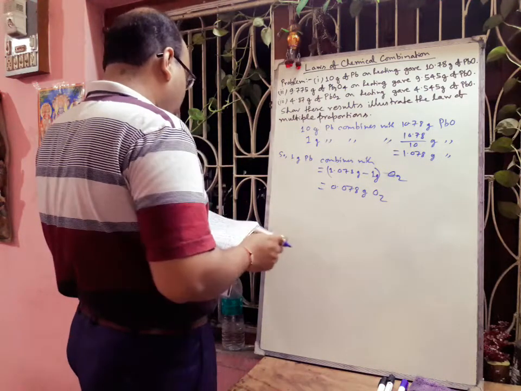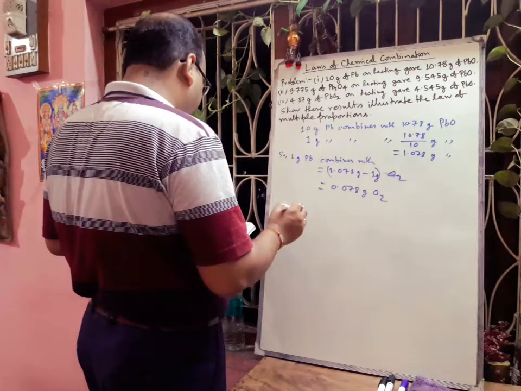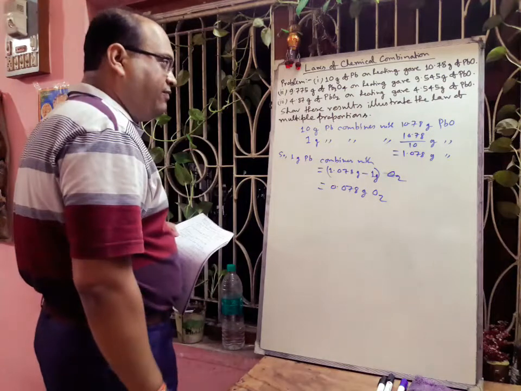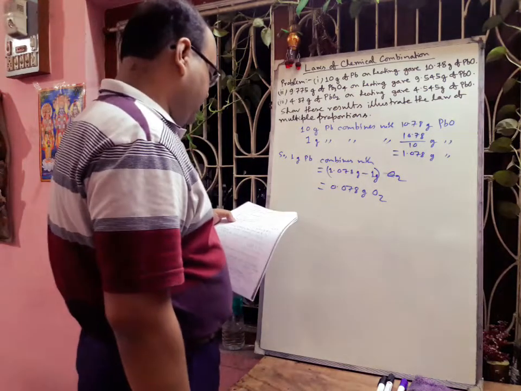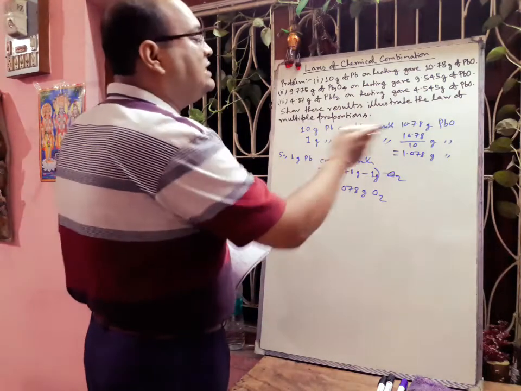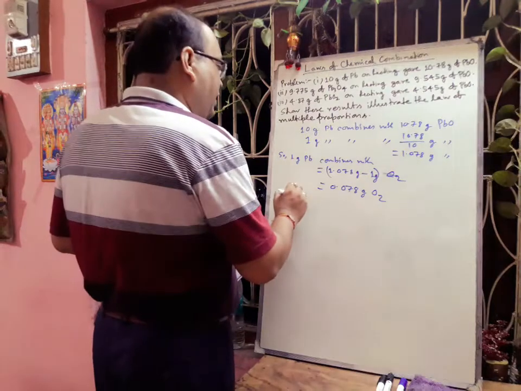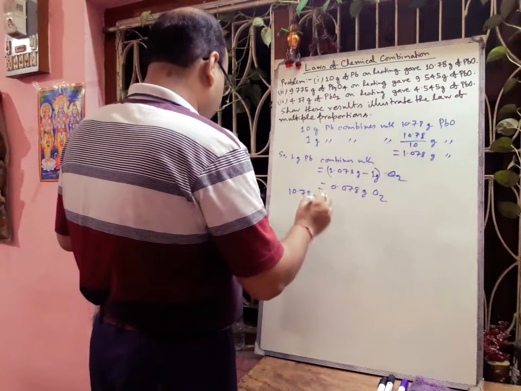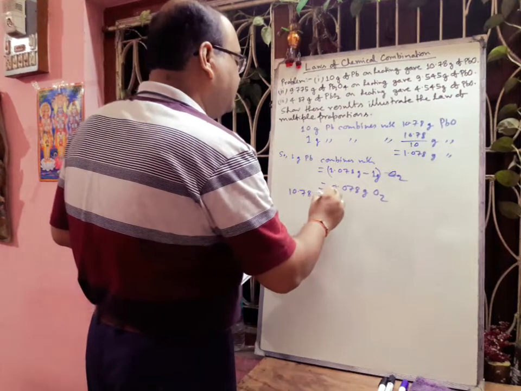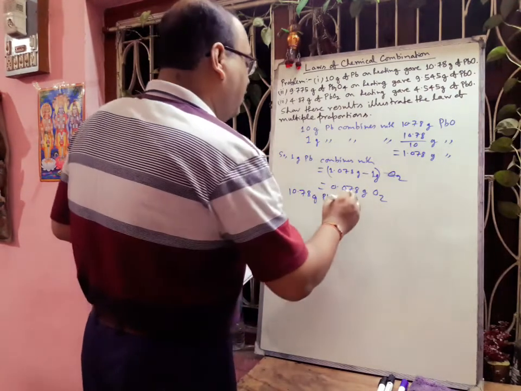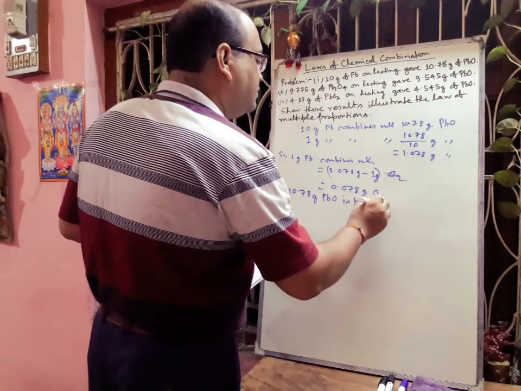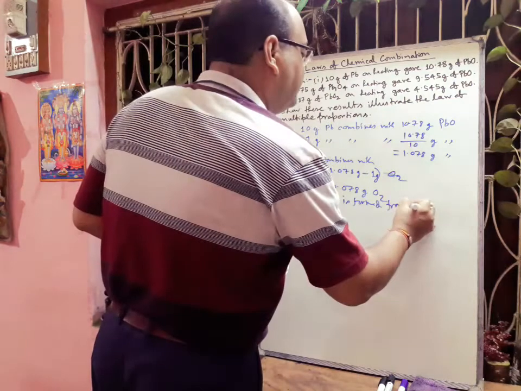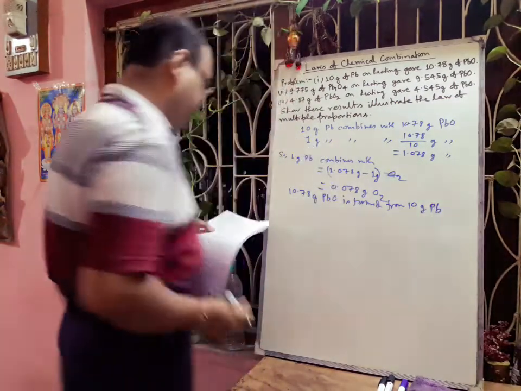In case 2, 9.775 gram of Pb3O4 is formed, and 9.545 gram of lead oxide. So from the first example we know that 10.78 gram lead oxide is formed from 10 gram of lead.